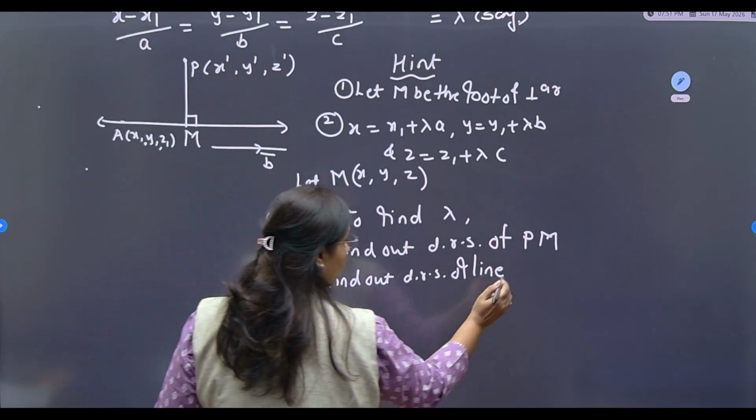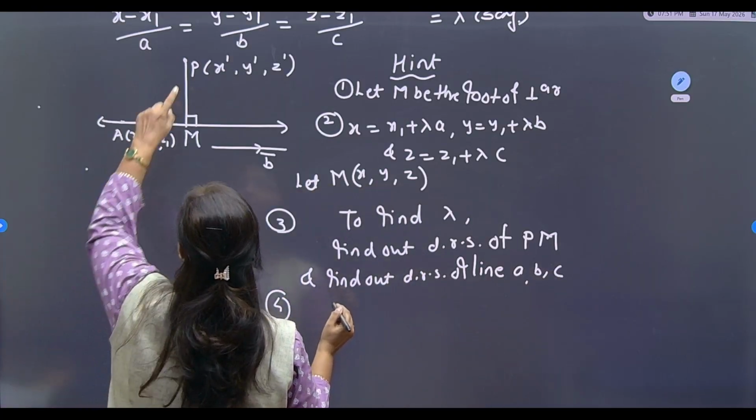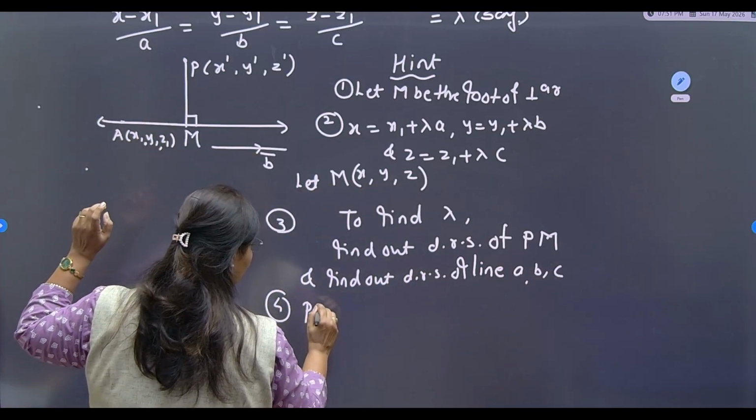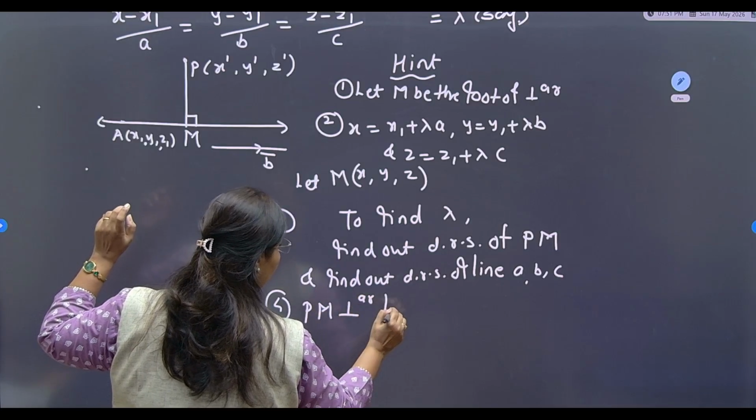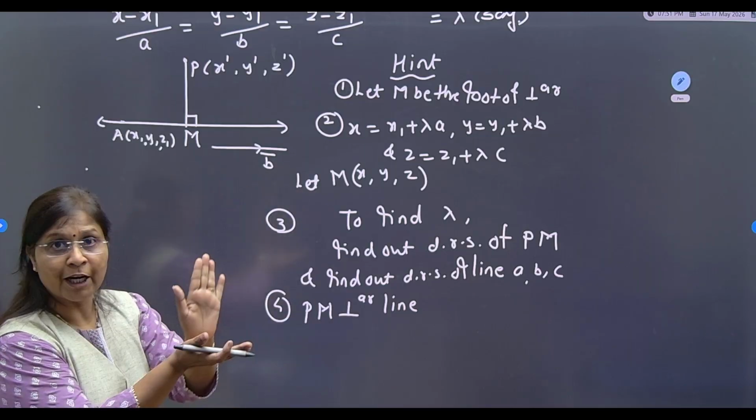The next point: PM is perpendicular to the line.